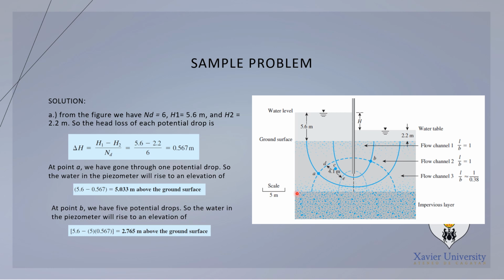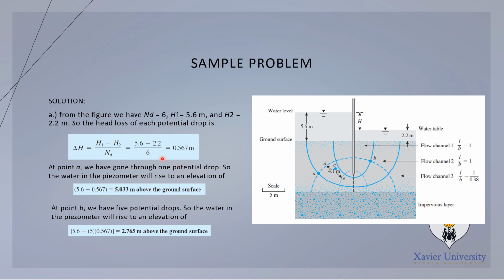So, at point A, we have to calculate the change in, or the head loss of each potential drop, no? Kada potential drop, na the head loss nga ma-experience atong water as it flows from the upstream to the downstream. So, i-calculate nato ang head loss sa kada potential drop, equal naman na sa each other, no?